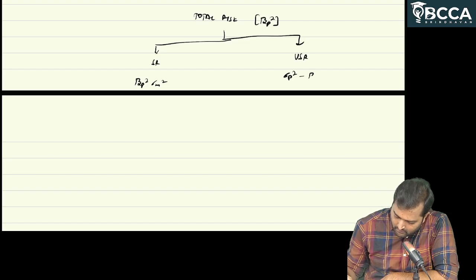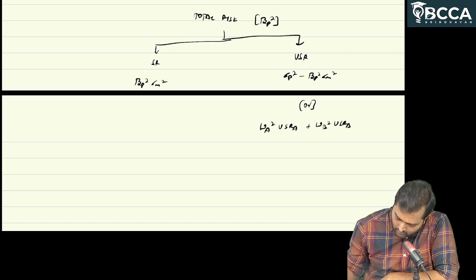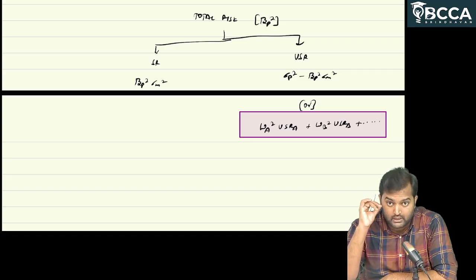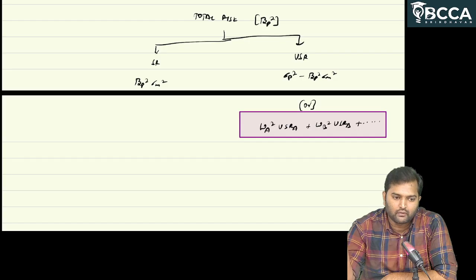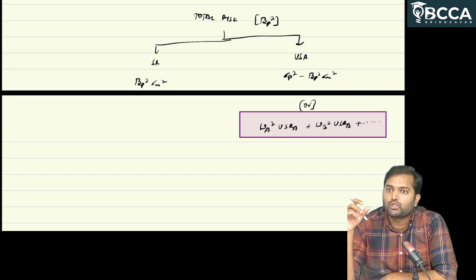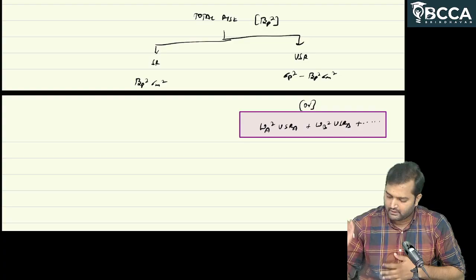Unsystematic risk is sigma p square minus beta p square sigma M square, or WA square unsystematic risk of A plus WB square unsystematic risk of B, and so on. You might forget this formula. Unsystematic risk is also known as residual variance.